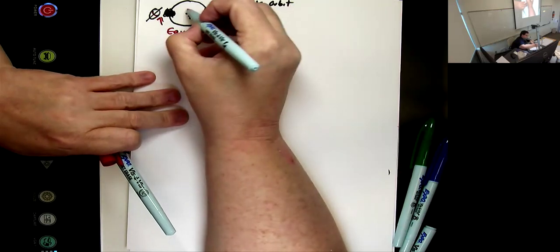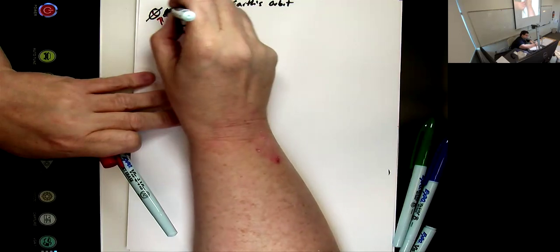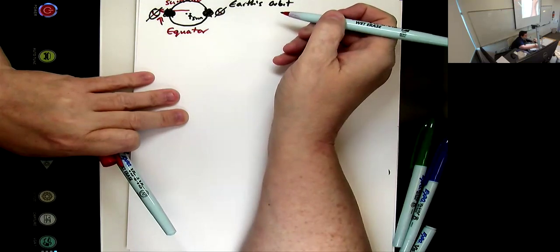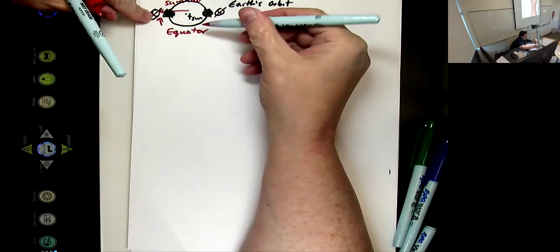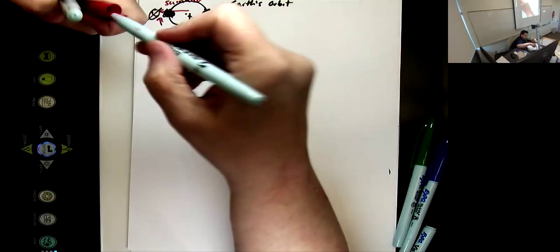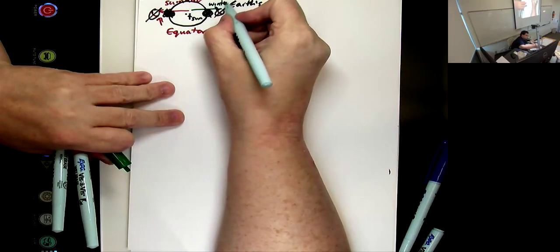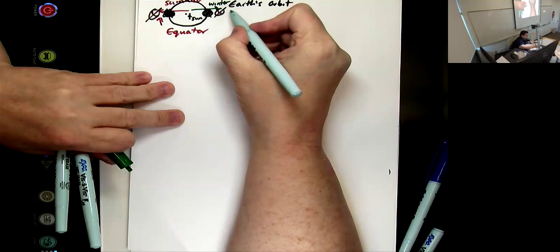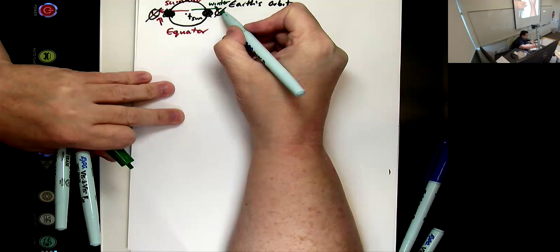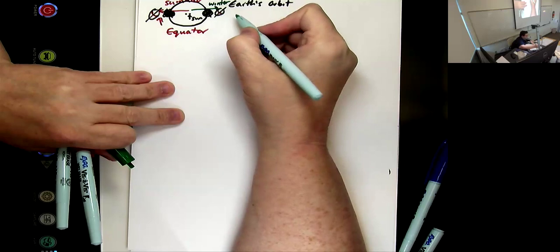Because in summer, we are further away, but North America is facing the sun better in the daytime. And in winter, over here, the northern half of the world is tipped away, so the sun isn't hitting it as directly.